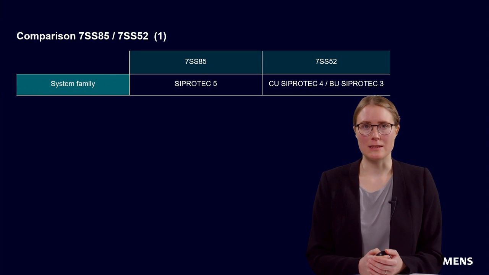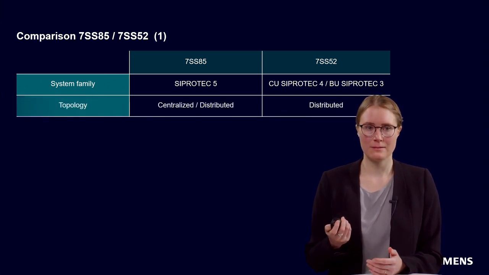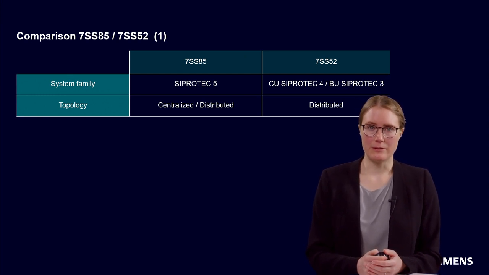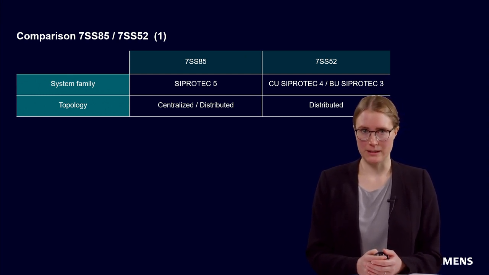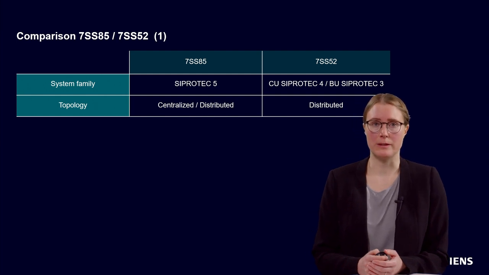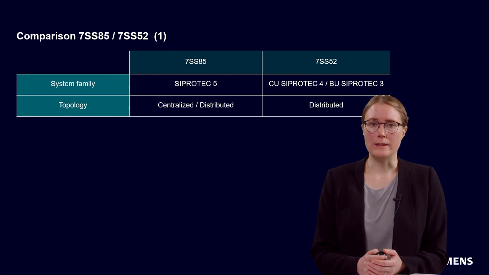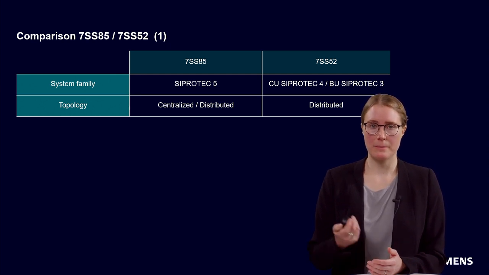The bay unit is a ZIPROTEC 3 device. The topology in the 7SS85 can be a centralized setup, distributed setup, or even a mix of both variants. With the 7SS52, it is always a distributed setup.